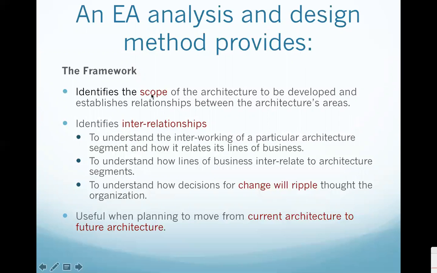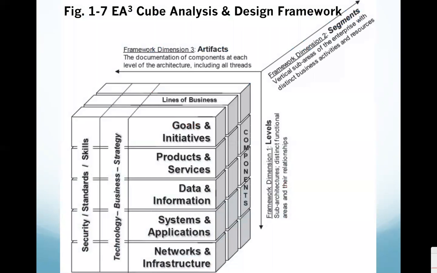Right. So EA as an analysis and design method provides the framework. One framework that you hear of is Zachman. Another one is TOGAF, the Open Group's Architecture Framework. And we'll talk more about these, but a framework shows the interrelationships between the different components and the levels. For Bernard, his framework is the cube. So I like these dimensions here. Framework dimension 1 are these different levels, and we can call those sub-architectures.